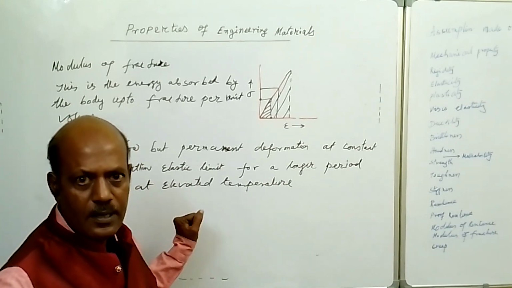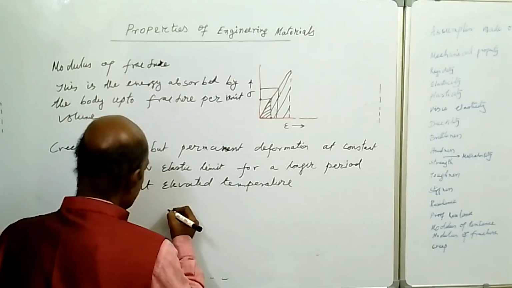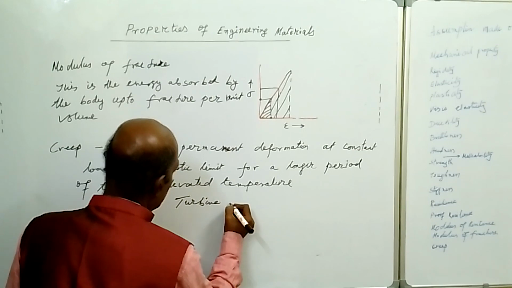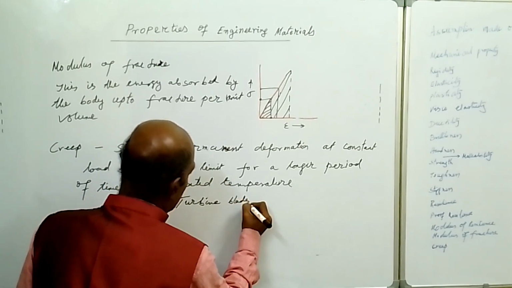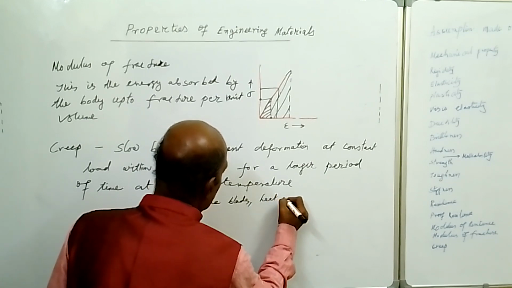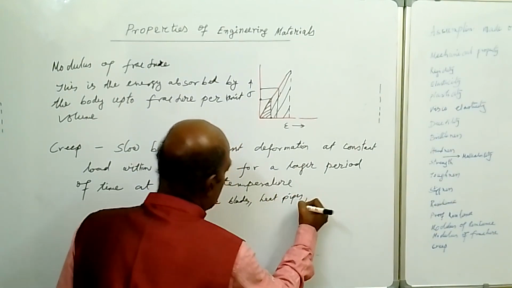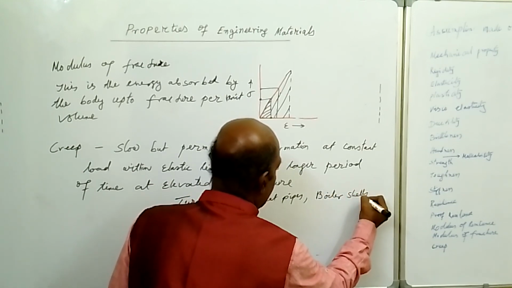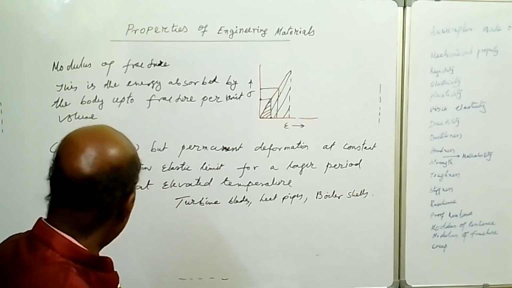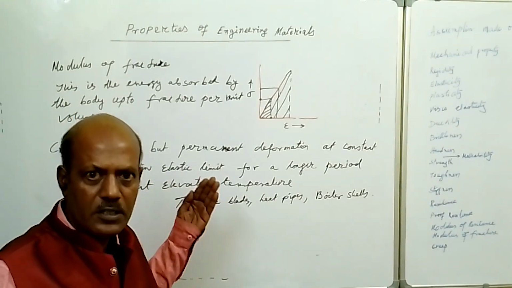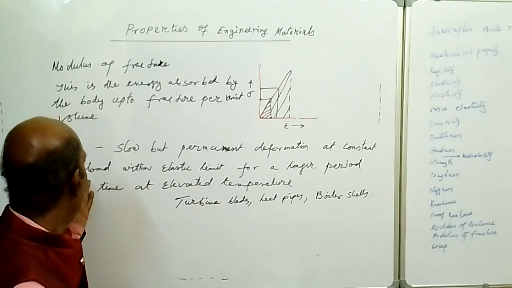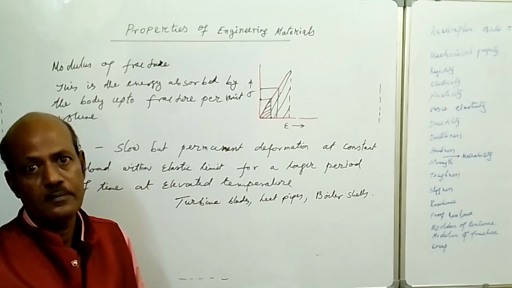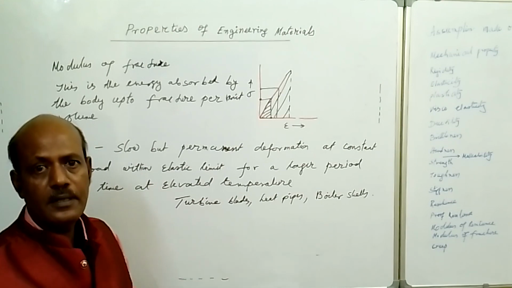And mostly this deformation is found in turbine blades, heat pipes, boiler shells, etc. So in this case, slow but permanent deformation takes place at constant load within elastic limit for a longer period of time at elevated temperature.